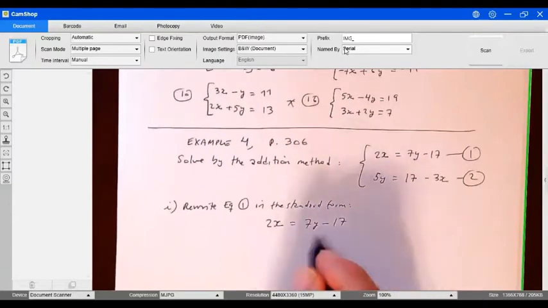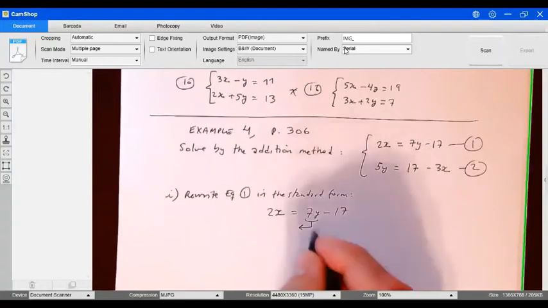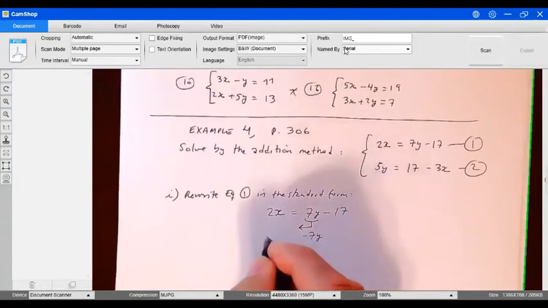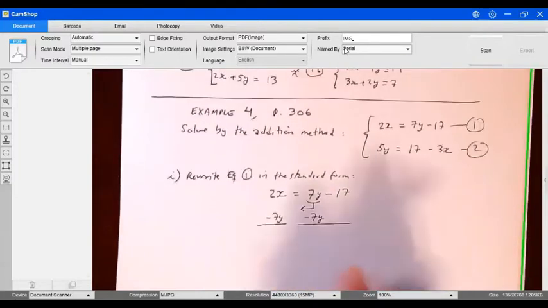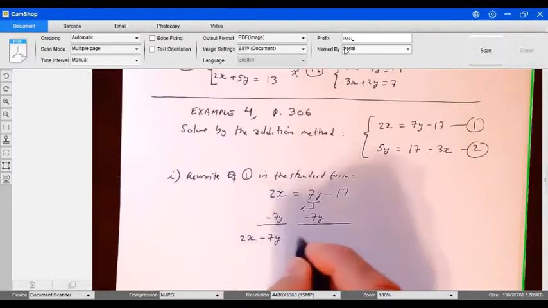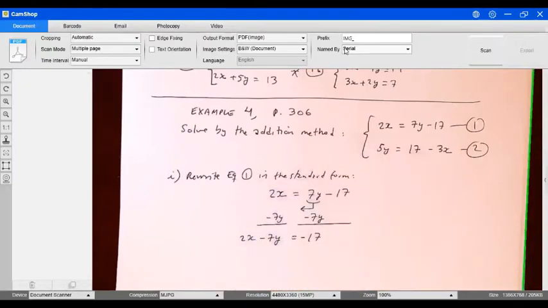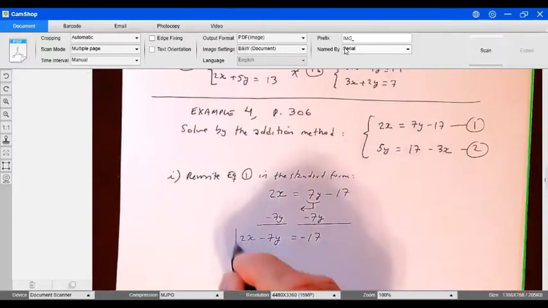I need to move this term to the left-hand side, so I'm going to subtract 7y from both sides of the equation. So I'm going to get 2x minus 7y equals negative 17. So that is going to be my first equation for the new system.